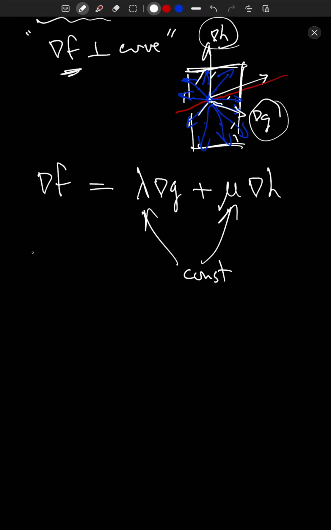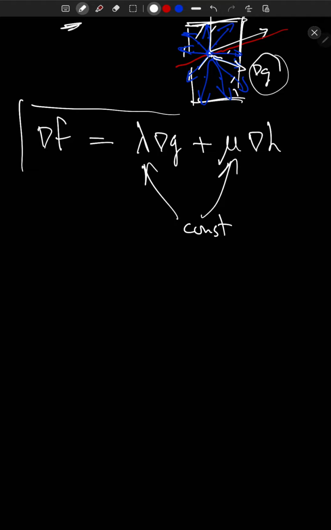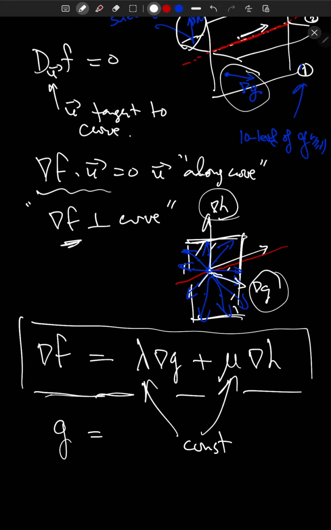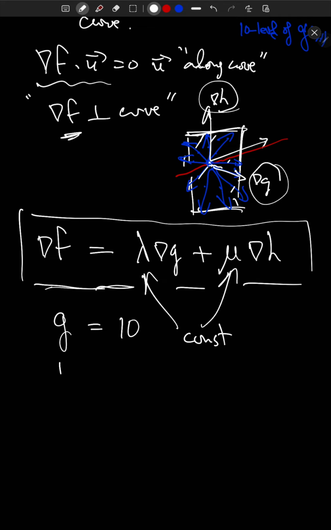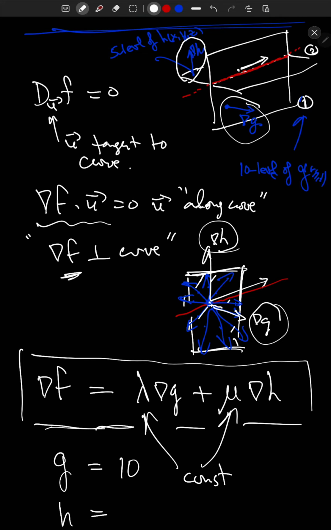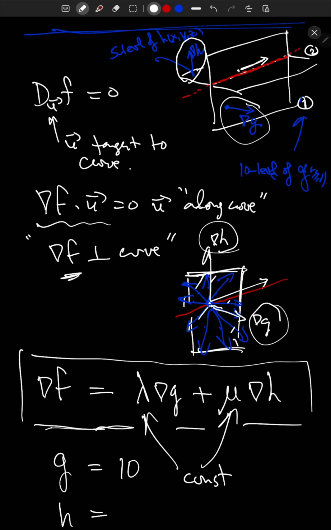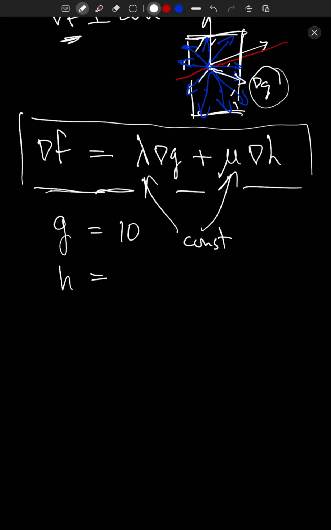The idea is that these give me my critical points in a way. But of course, we still need to make sure we're on the curve, so we need g equals 10, since I said it was a 10 level, and h equals 5. That's going to be our system of equations.